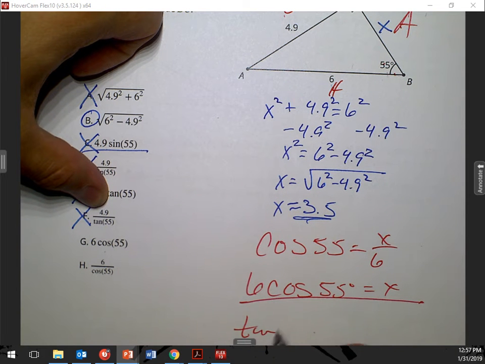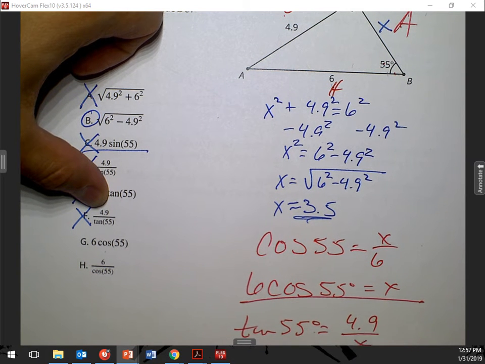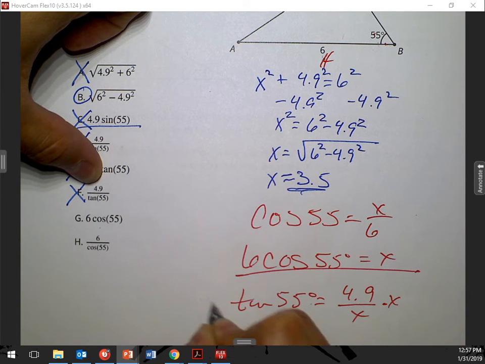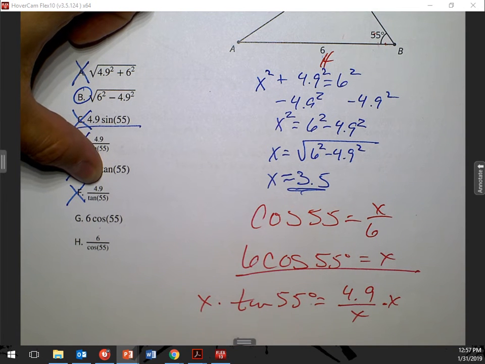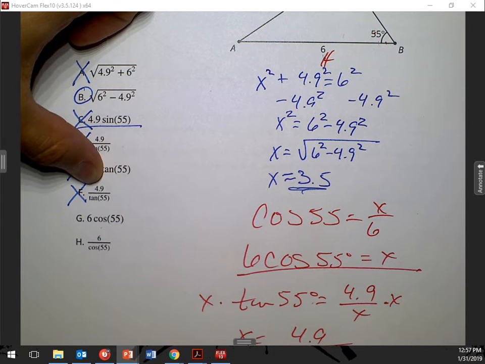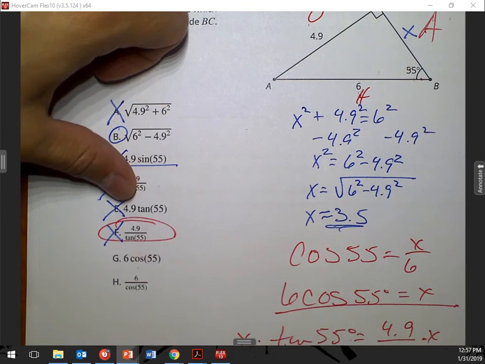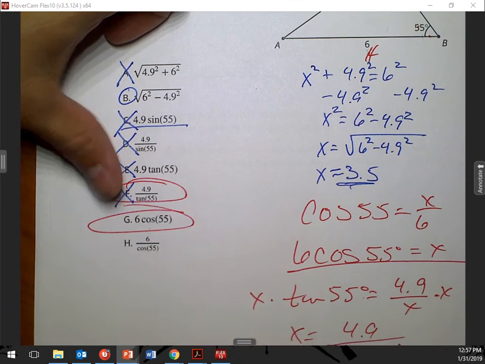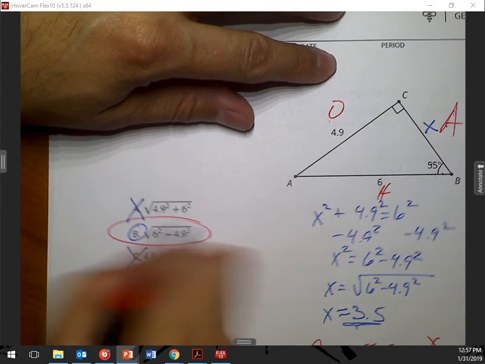So tangent of 55 degrees is equal to 4.9 over x, multiplied by x, and then divide by tangent, so x is equal to 4.9 over tangent of 55 degrees. So, yes, that one's supposed to be right, and this one, and this one.